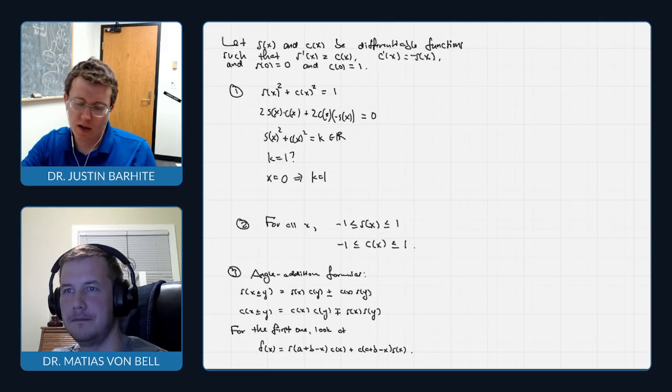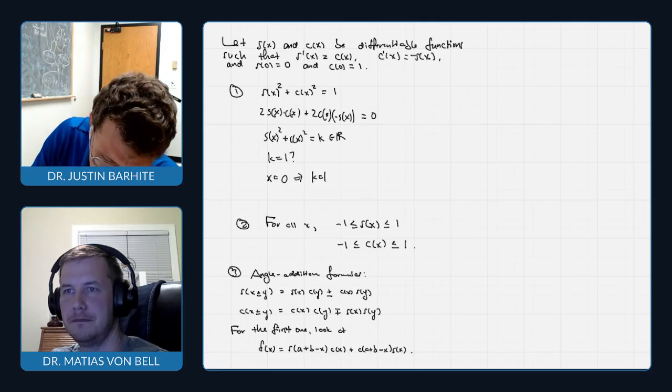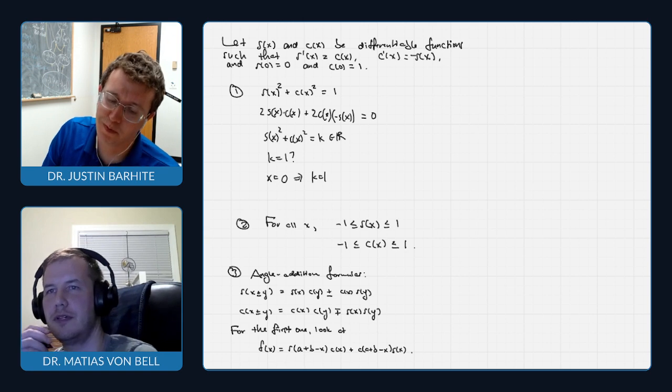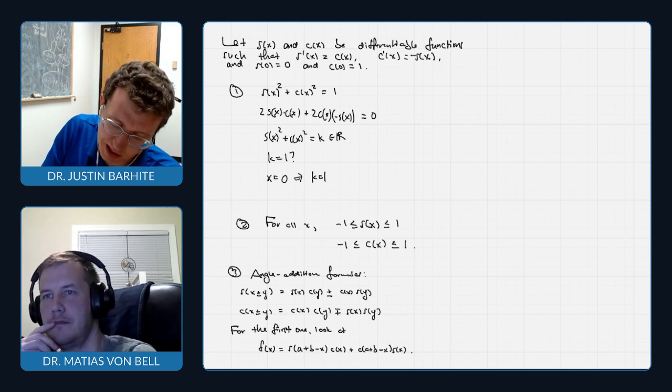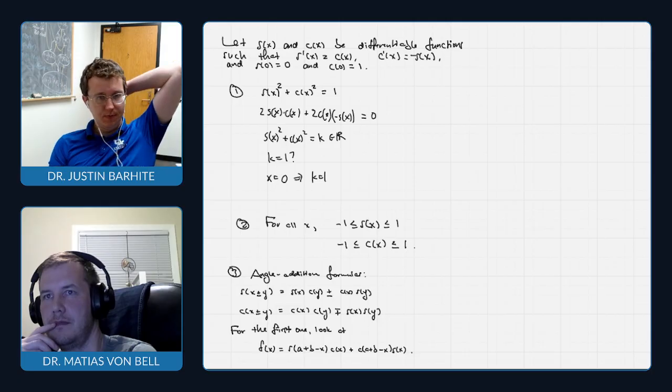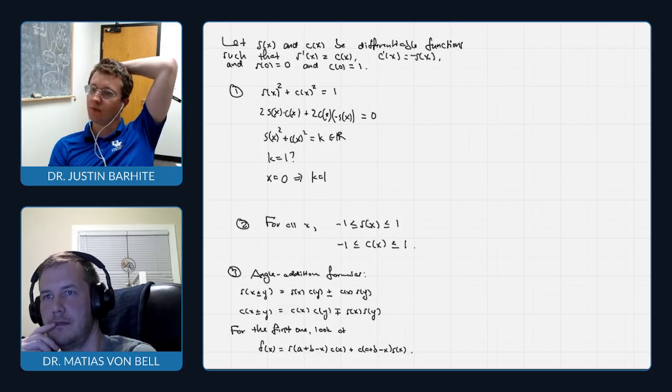And then you plug in zero, and using the initial conditions, you'll get the left-hand side of the angle addition formula. If you plug in x equals b, you get the right-hand side. So that's how you prove this angle addition formula.